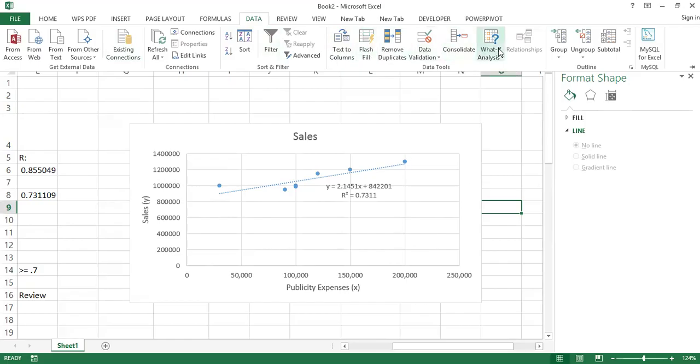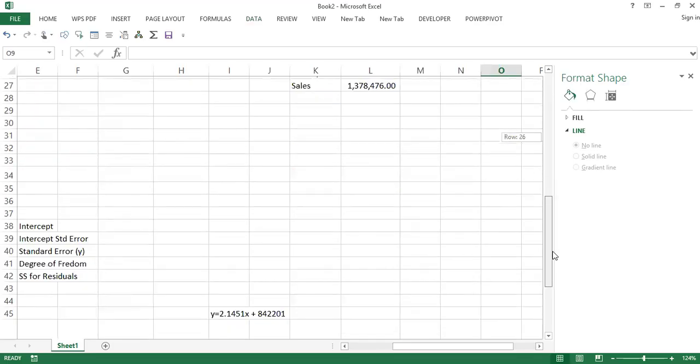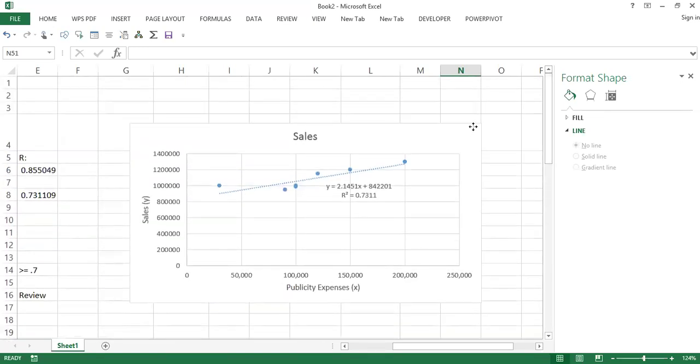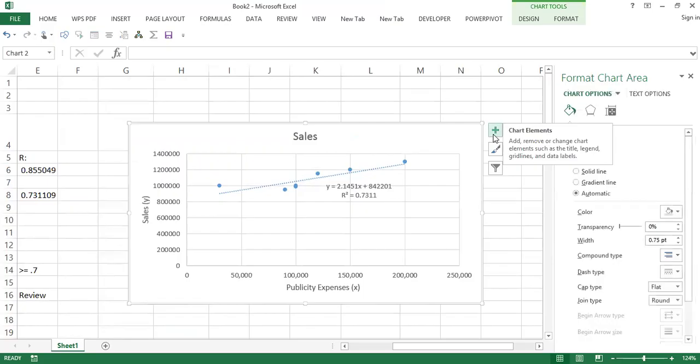If you use the Data Analysis tool, the output will also generate a lot of details for you, just like we are seeing details here. Okay, but now let's talk briefly about these other options.